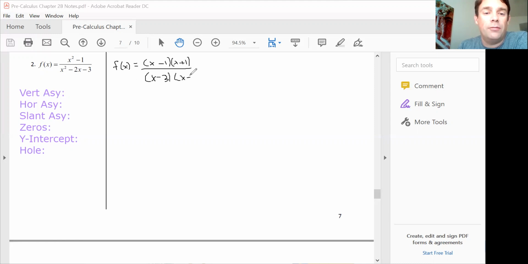And if you notice, I see a factor that's going to go away. So for my f of x, I can get rid of those x plus 1s. So this really is the function that I'm dealing with here. But it's important to remember, I have an x value that doesn't work. So I'm going to leave that right here. That -1 didn't work because I was able to cancel them out.